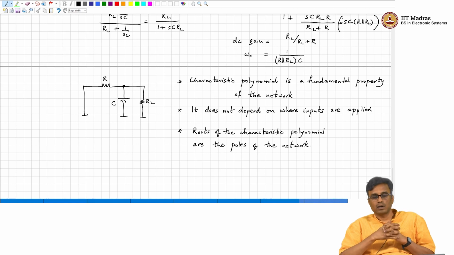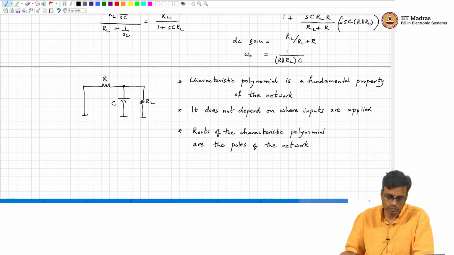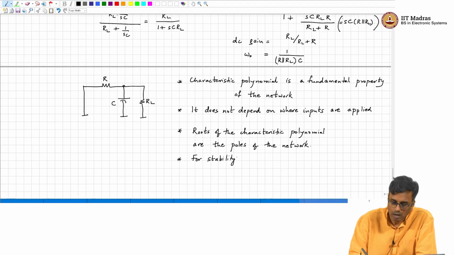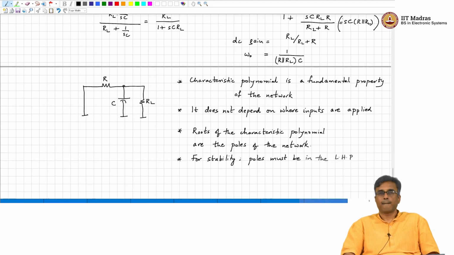Okay. And for stability, poles must be in the left half s plane. Is that clear?